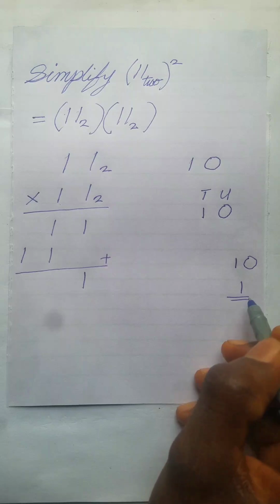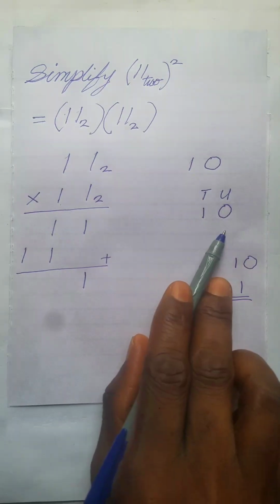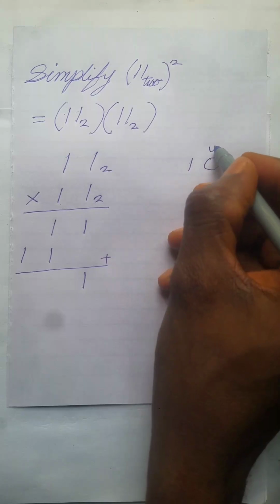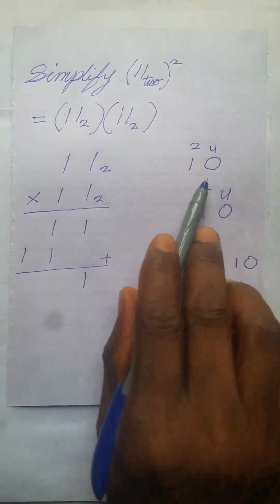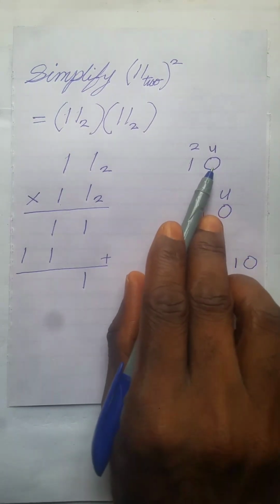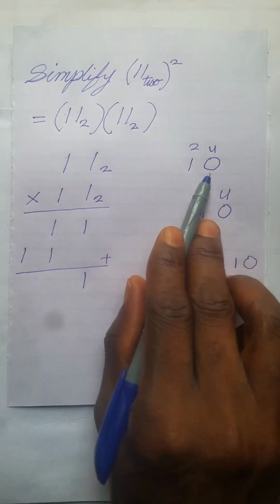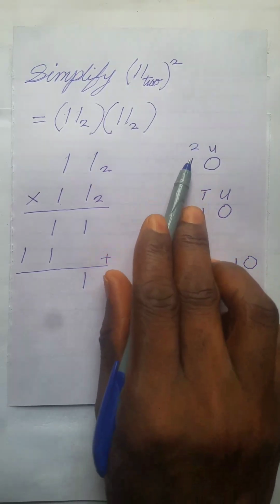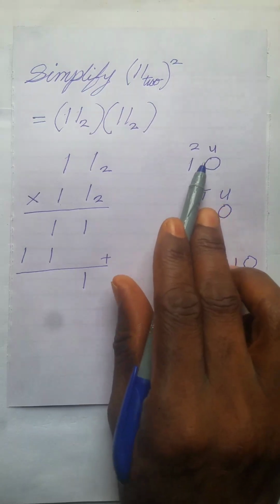That won't be correct. So the same thing that happens in base 10 happens in base 2. This is units, this is 2s. Once I have a number that is up to 2, I don't write it here anymore. I wrap it and call it one bundle of 2 and write it here while I put a 0 here.